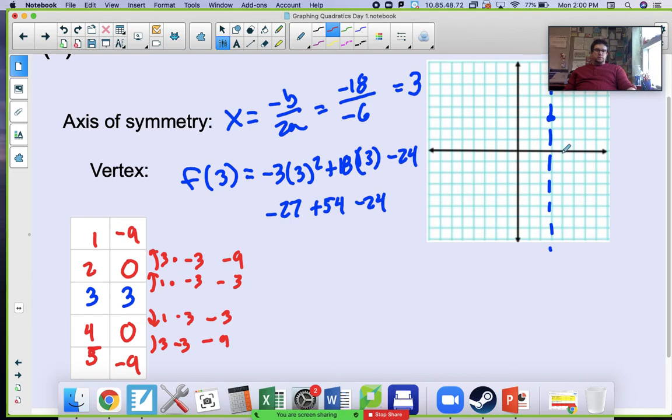Plot those points. So 3, 3, 3, 2, 0, 5, negative, or 1, negative 9, 5, negative 9. So it's just off the graph that I have on my page, but it's going to be right there. Again, looks like it should just be a V, but it's definitely a U. It's curving.